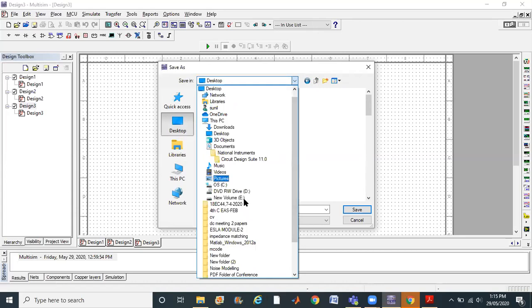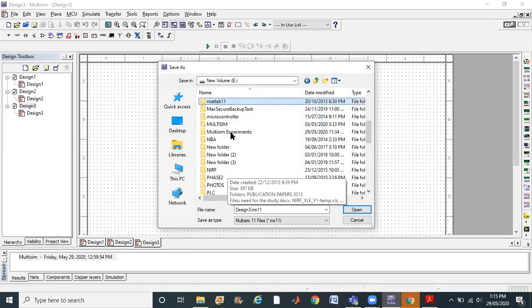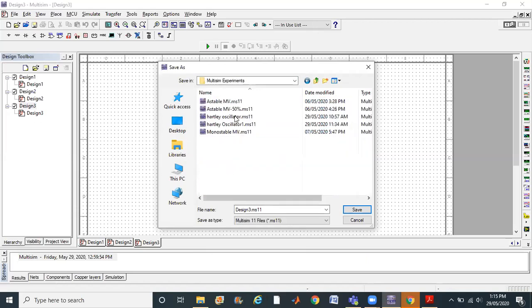I'm finding my drive, sorry for that delay. Already I've conducted this experiment, so I'll make it as 2 and save it.